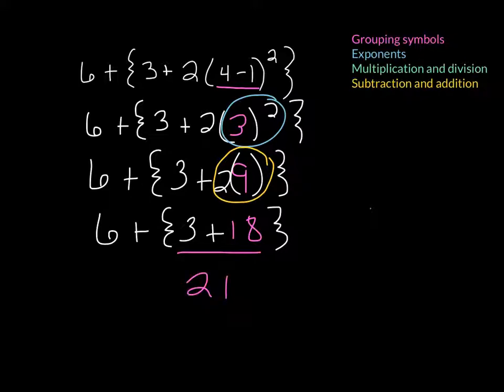And technically, at this point, because it's all addition left, associative property says I could have moved that grouping symbol and added in a different order. But we didn't, so let's go ahead and finish. 6 plus 21 would be 27.